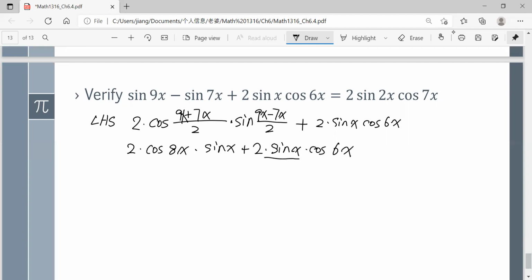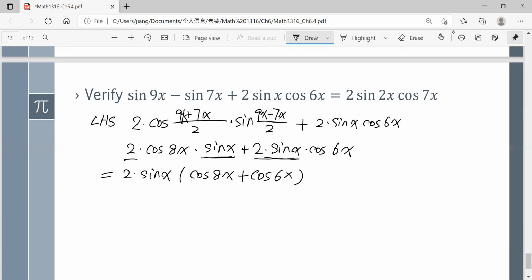The first term has 2 times sine x and the second term has 2 times sine x, so I can pull out the 2 times sine x: 2 times sine x times cosine 8x plus cosine 6x.